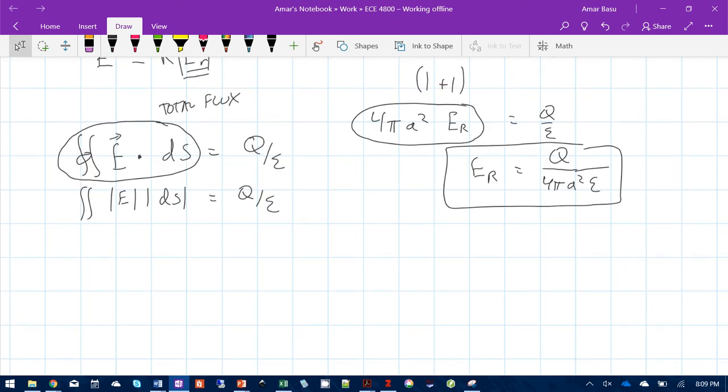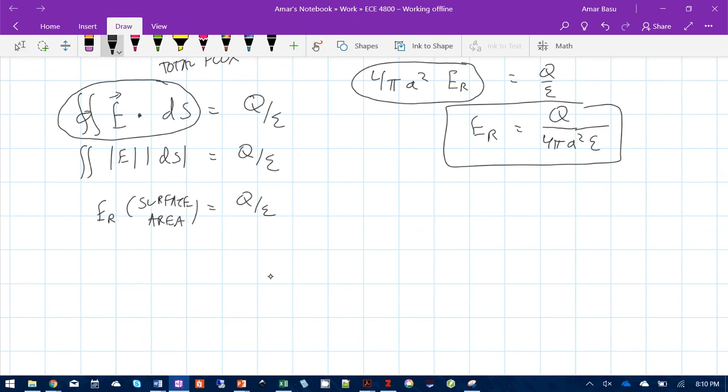So if we're adding up all the electric fields everywhere on the surface, that's the same thing as multiplying the electric field times the surface area. If the electric field is uniform everywhere on the surface, then you can just multiply the electric field by the surface area. So this E dot ds term is just equal to E sub r times the surface area, which is equal to Q over epsilon.